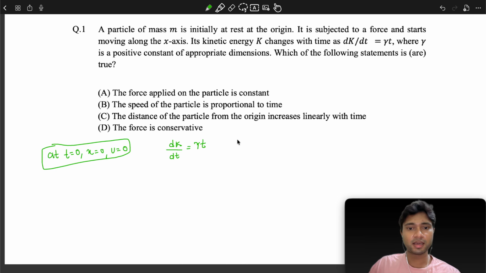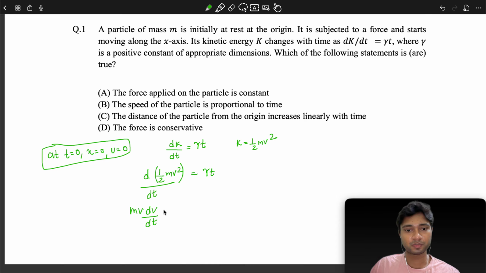What is K? K is kinetic energy, which is half mv squared. So I can say the differentiation of half mv squared is gamma t. If we differentiate it, what we get is m v dv/dt equals gamma t, right?